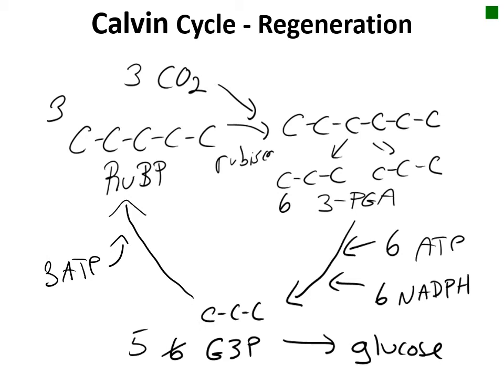The best way to understand regeneration is to follow the total carbon around the cycle. 3 5-carbon RuBP started the process, providing 15 total carbon atoms. They were joined to 3 carbon dioxide, giving a total of 18 carbon atoms in 3-PGA.